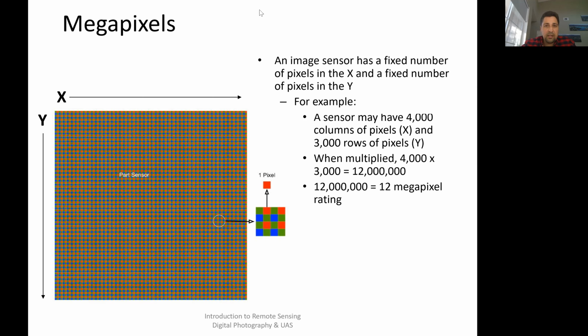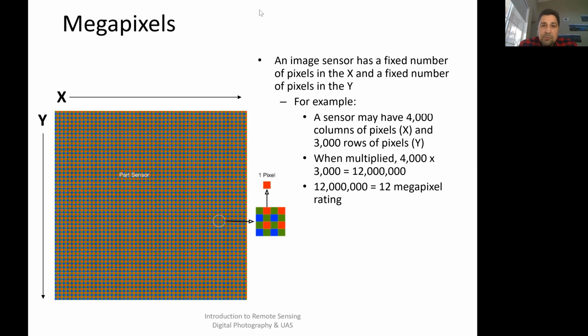So whenever you see X amount of megapixels in a commercial camera, that's what they're talking about: the X amount of pixels times the Y amount of pixels. That's all that it is. It's in the millions of pixels range.